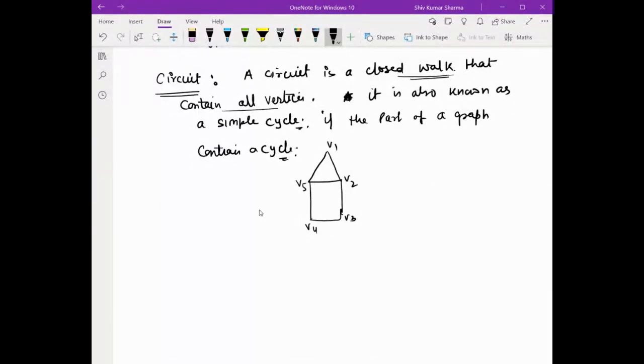The circuit contains all the vertices. This is the structure: vertex V1, V2, V3, V4, and V5. This shows the circuit of the graph.